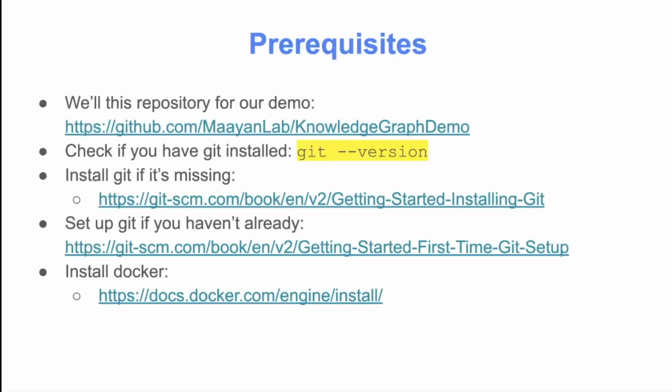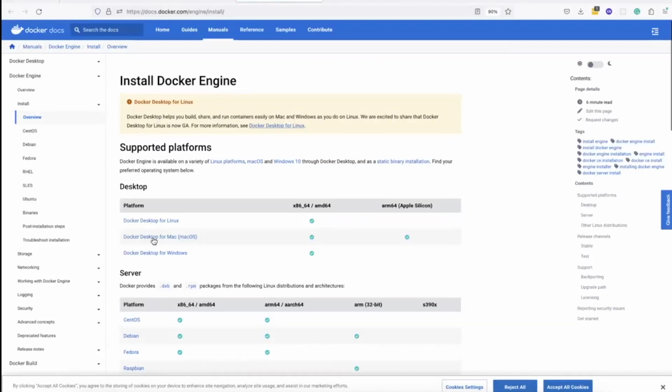And to start, the prerequisite is that we will be using this repo. Since I assume that you already had a lecture on Git, I won't go over this, but you can install Docker, and you can just download Docker Desktop for whatever platform you have.